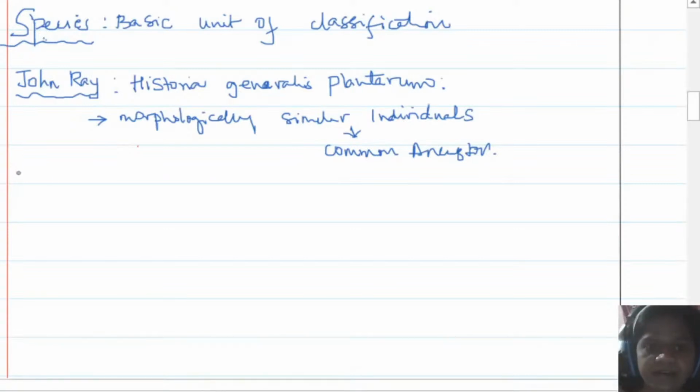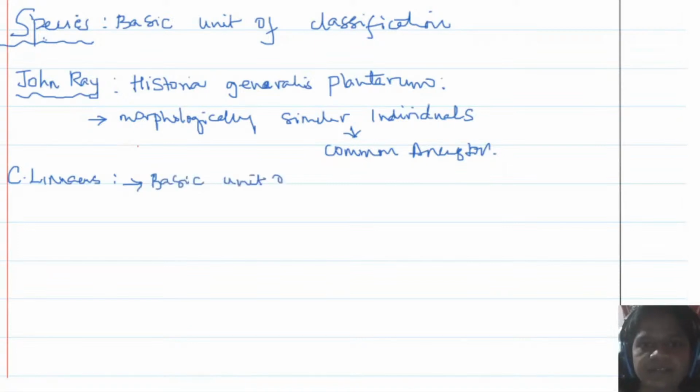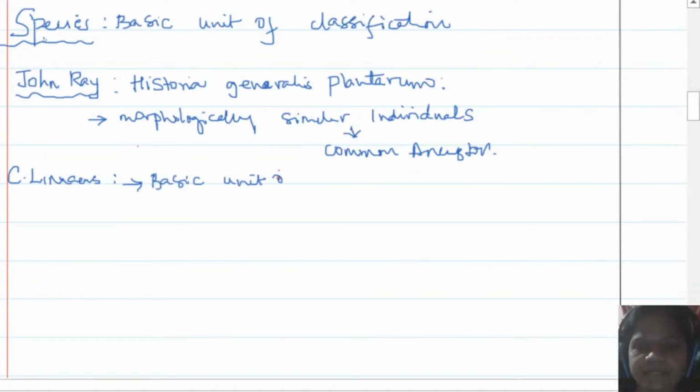Then came our guy Carlos Linnaeus, right? So according to him, we already know, right? He says species is the basic unit of classification. And what did he write? He wrote Systema Naturae.